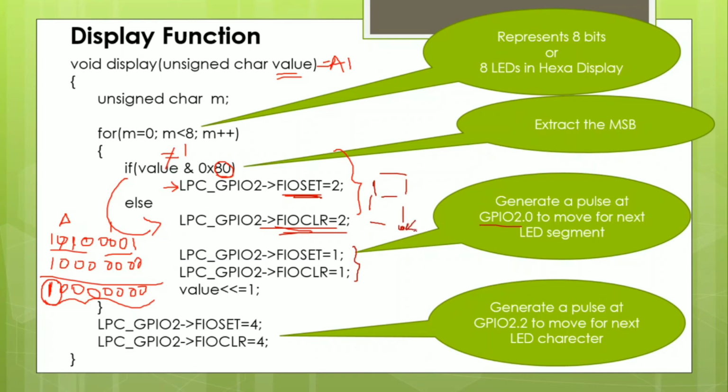If it is in H, it will move to G. After turning on or off the LED G, it will go to F, then E, D, C, B, and finally A. Like this it will turn on or turn off each LED according to the data you give. To move the control from one to the next is the instruction you are giving. Once it moves, you have to shift the values also, right?